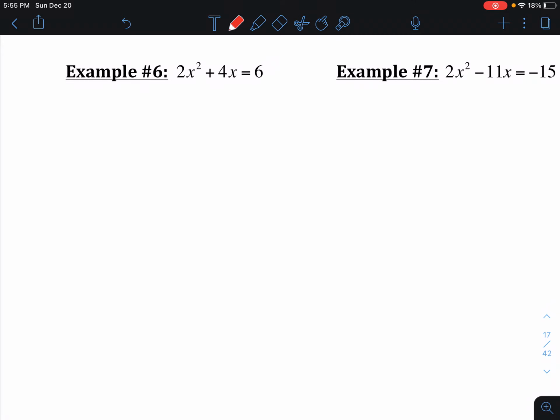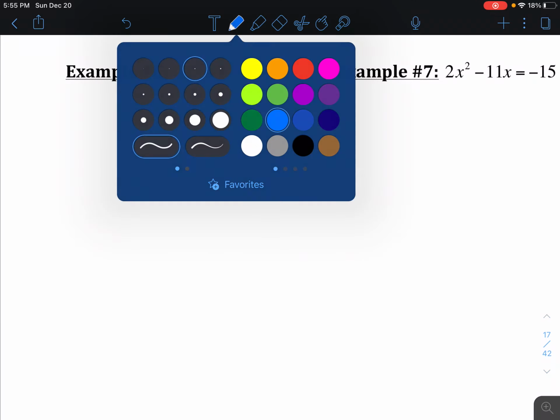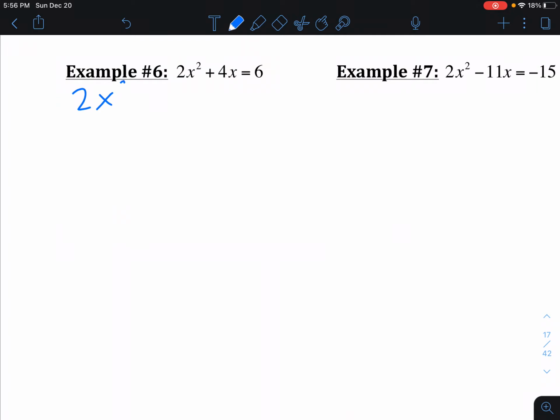Okay, example 6, I notice right away does not set equal to 0. So I'm going to subtract 6. All right, now to factor, can I do a GCF first? Yes, I can. I actually have a GCF of 2, so I can divide by 2 for everything.